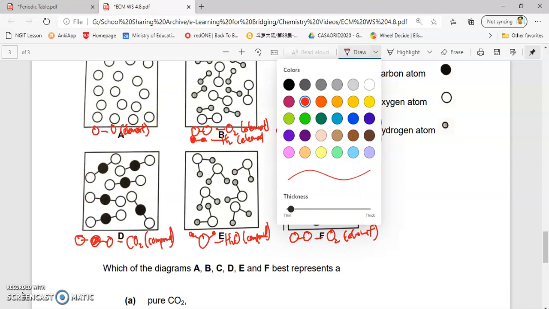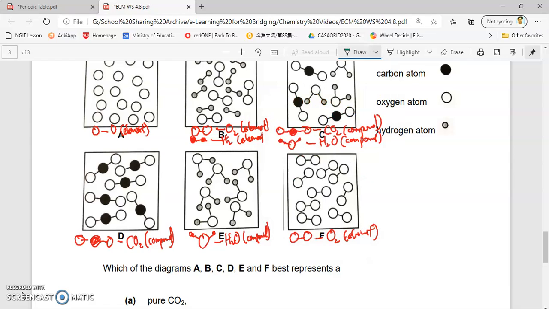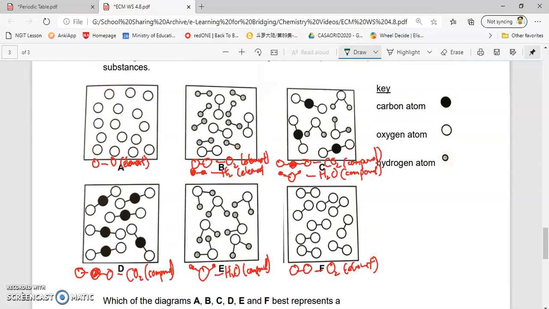Now we are going to classify what each of the boxes means. This is an element, only consisting of one element, so this is a pure element. This one consists of two elements, so this is a mixture of two elements.